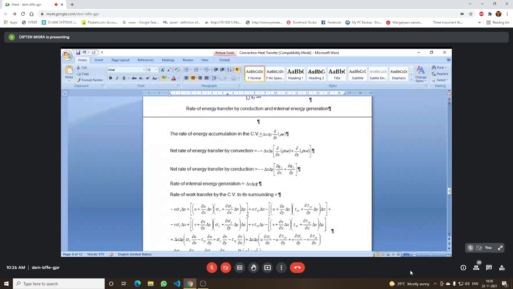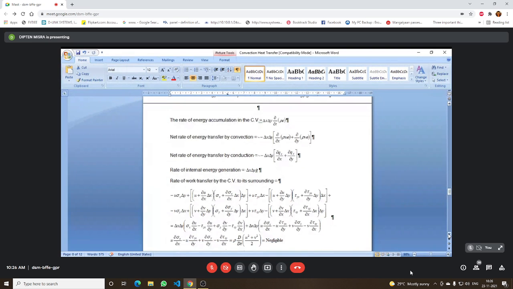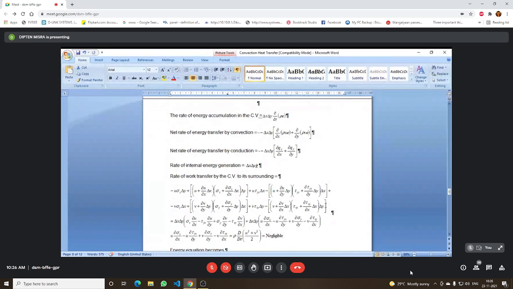That is the rate of work transfer by the control volume to its surroundings because of the action of all the stresses. I will start that term again next day. My throat is getting congested, it is a little difficult.